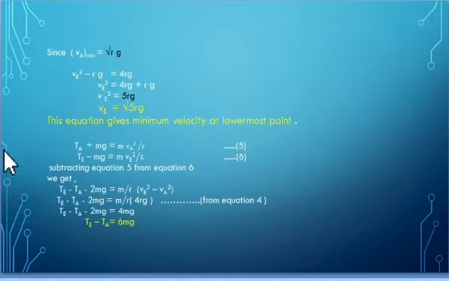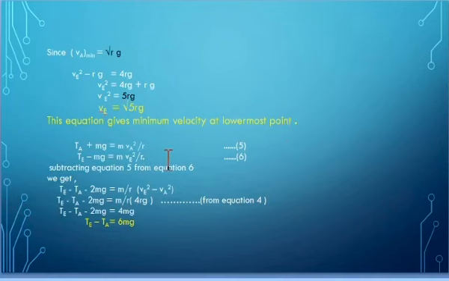Now we know VA square is equal to Rg, from the first equation. Substituting, I get VE square minus Rg is equal to 4Rg. Simplifying again, I get VE is equal to square root of 5Rg. This is the minimum velocity at the lowermost position.